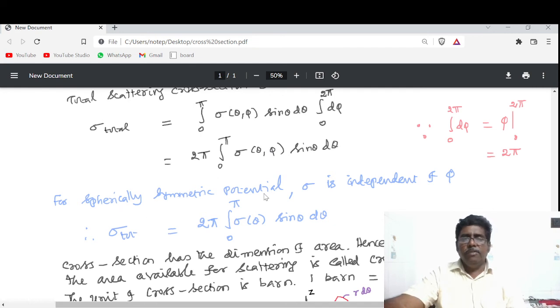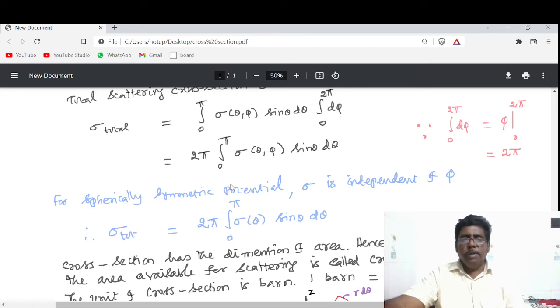For a spherically symmetric potential, sigma is a function of theta only. Sigma is independent of phi. What do you mean by spherically symmetric potential? If the potential is a function of r only, which means that the particle is positioned at a particular distance from the fixed point, so the potential energy depends only upon the position vector r.